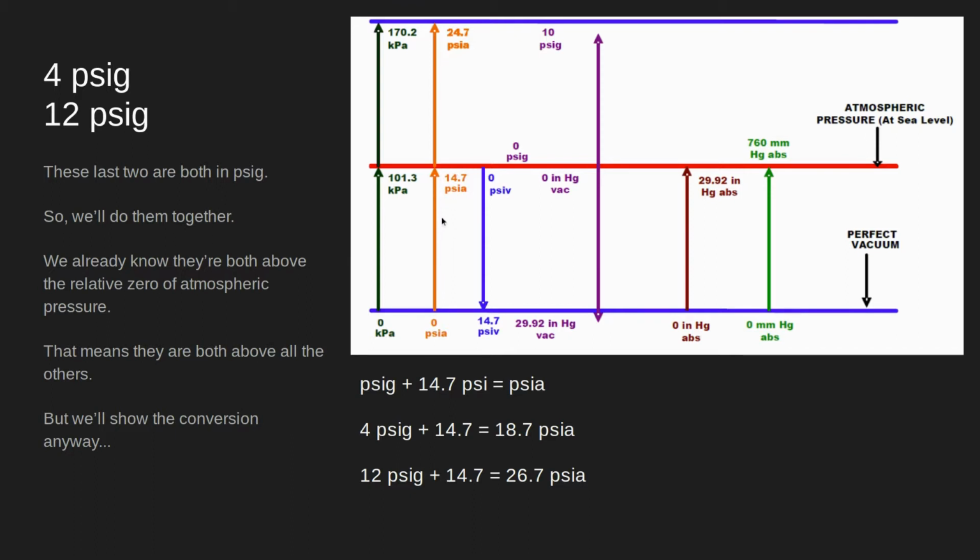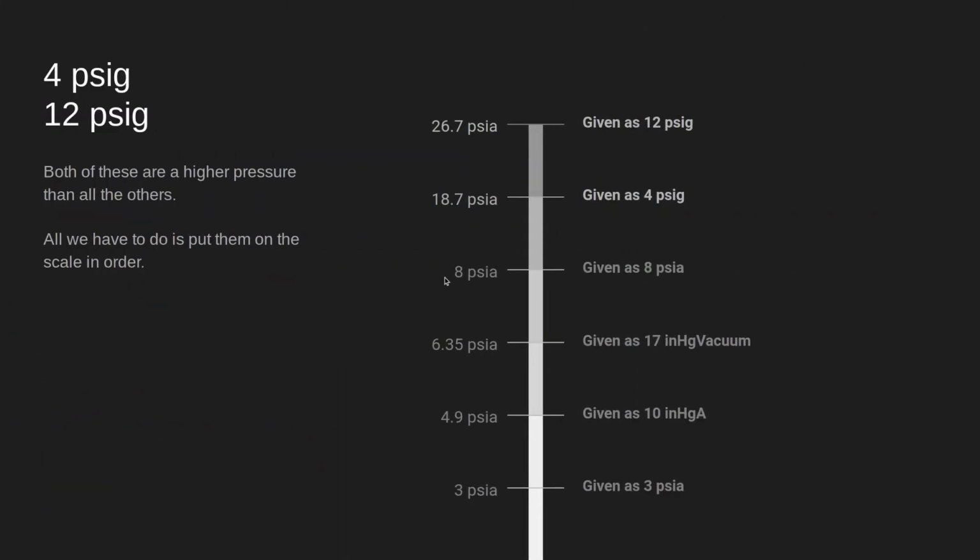All the other ones were actually vacuums, below atmospheric pressure. So that's 4 values so far below 14.7 psia, and now these 2 are above 14.7 psia. To convert psig to psia, we simply add atmospheric pressure, 14.7 psi. That gives us 18.7 psia and 26.7 psia. That should be pretty obvious where they fall on the scale, and they're both at the top.